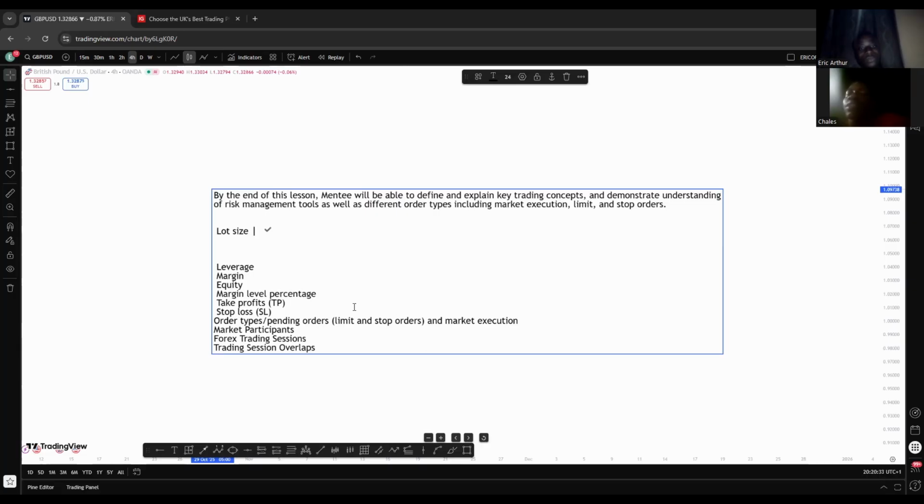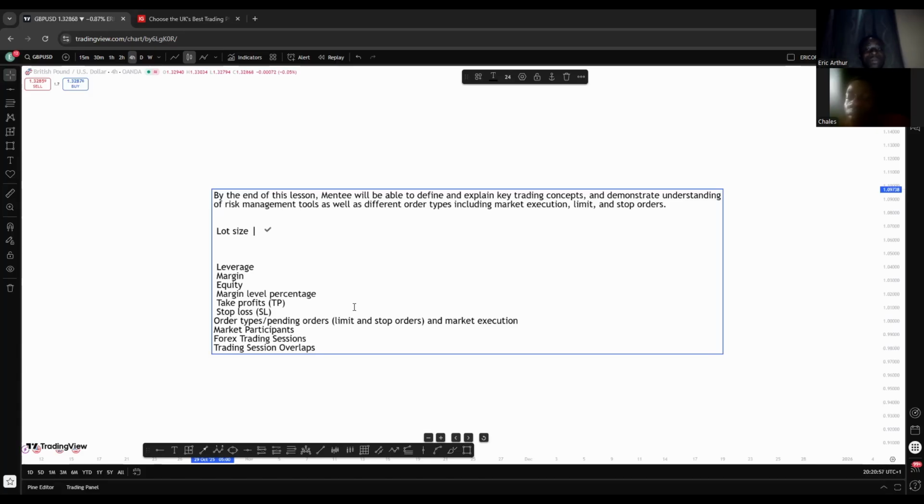So in forex trading, a lot size is a standard unit of measurement that determines the volume of a trade. You get it? Because currency price movement is pip, it's so small, so you need to trade a large quantity to make a meaningful profit or loss.